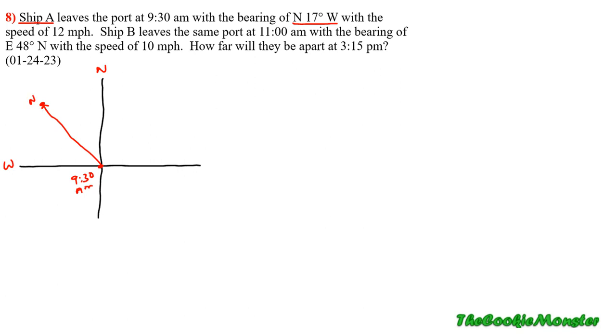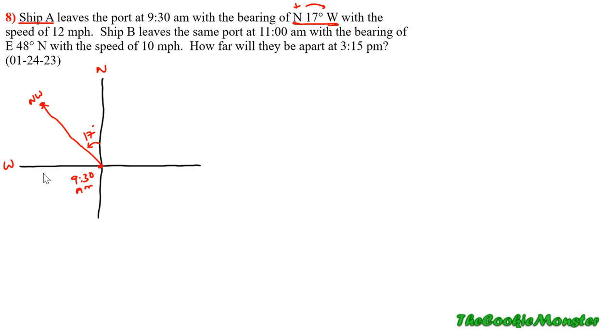Northwest is coming from this end and this west, so that direction is in this corner. That direction begins from the north side, going toward west. So think about it. Here's the north, go toward the west side, so it's going to be this arc. That arc, that angle, is what 17 degrees is.